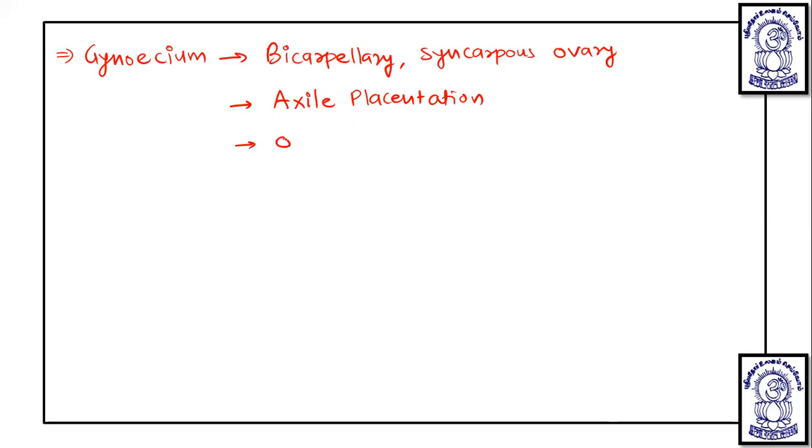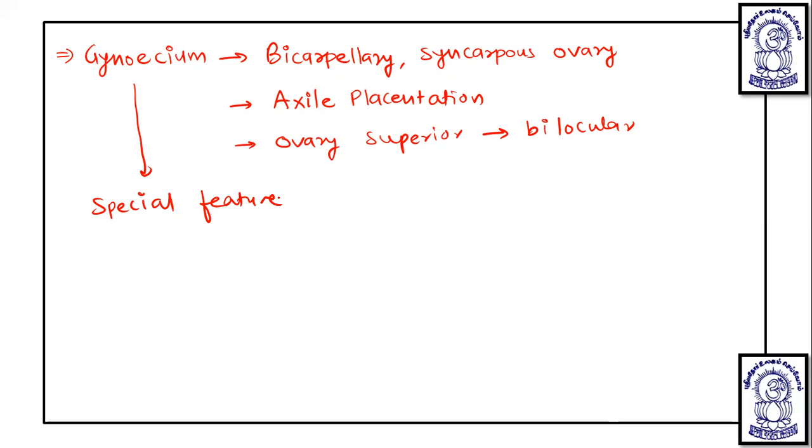Here, the ovary is superior, and it is bicarpellary, so it becomes bilocular. And one of the special features of gynoecium, which they usually ask sometimes in questions, is that they have swollen placenta and oblique septa.